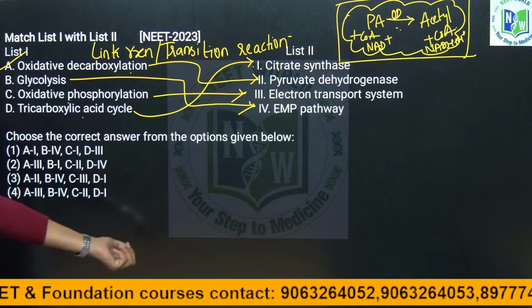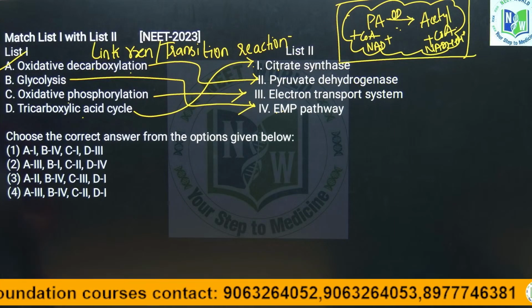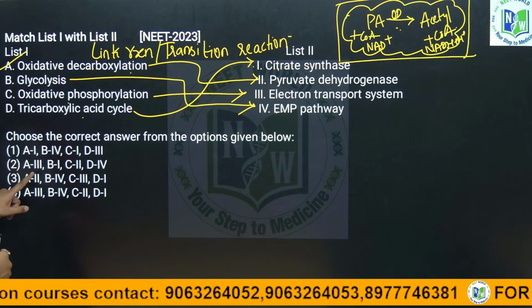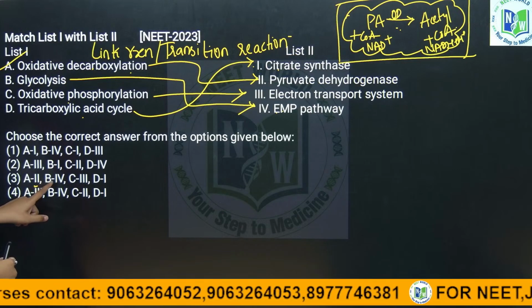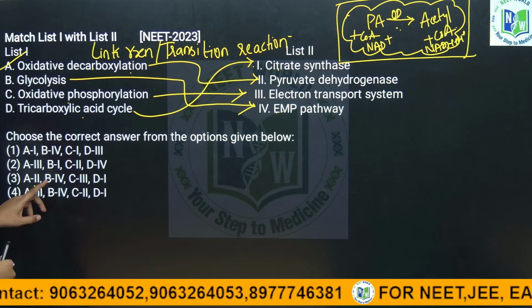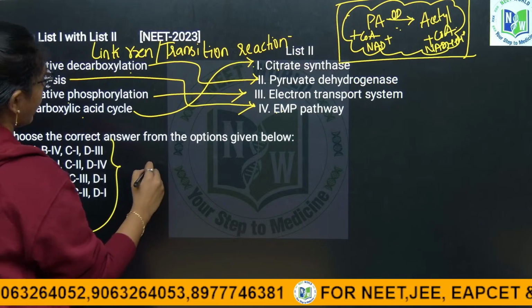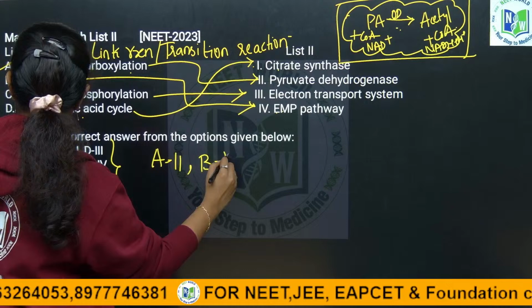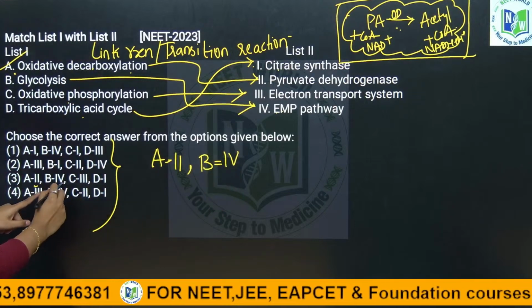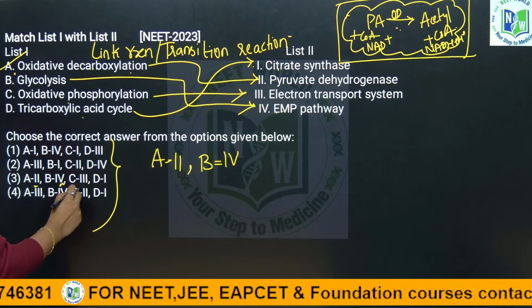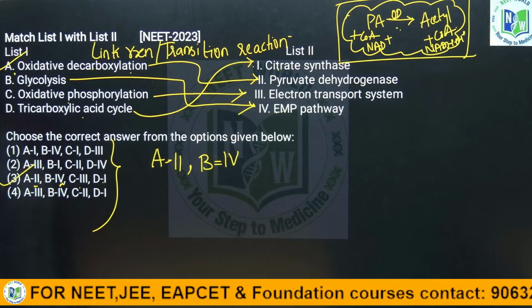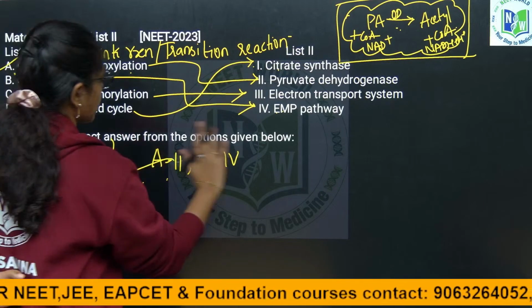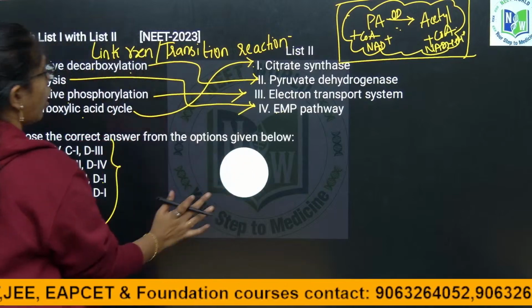So, if you see the options, A is 2, B is 4, C is 3 and D is 1. So option 3 is the correct answer.